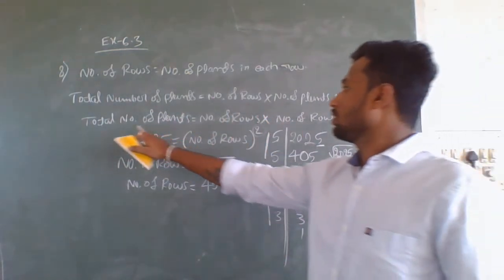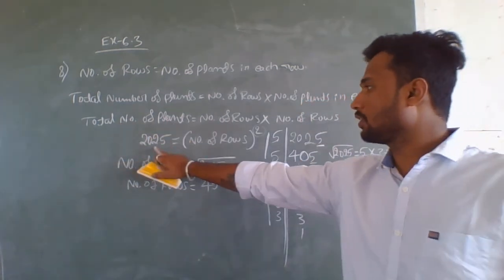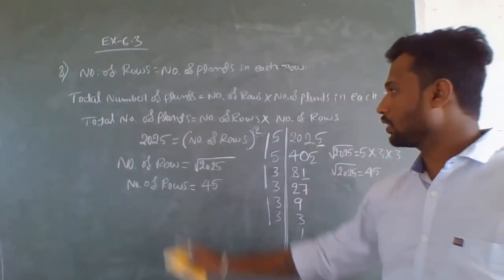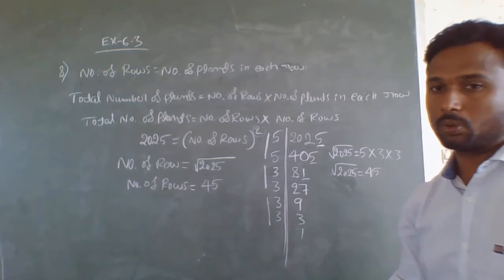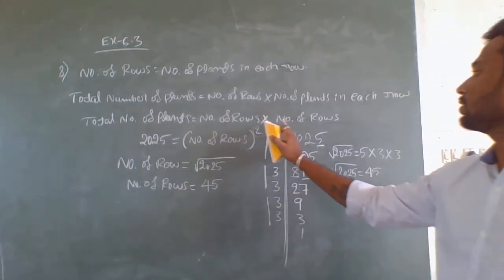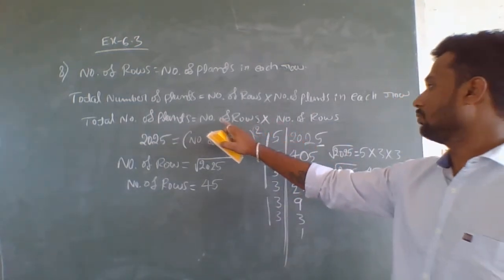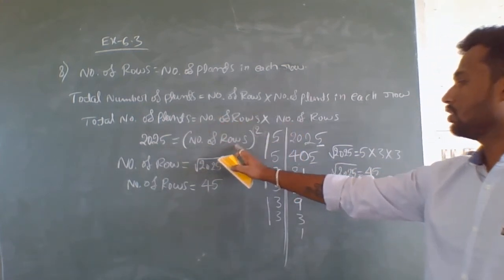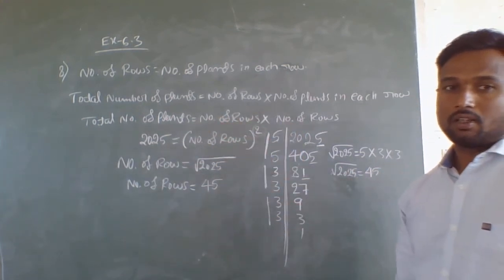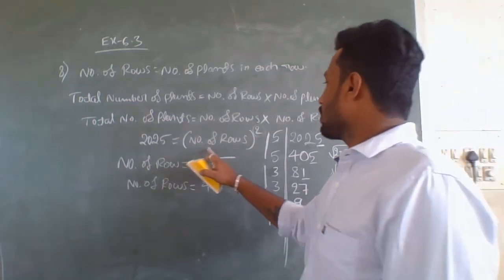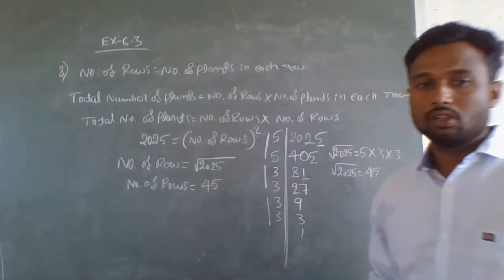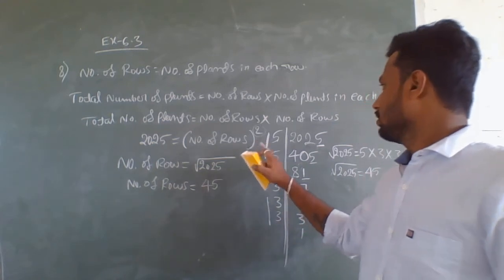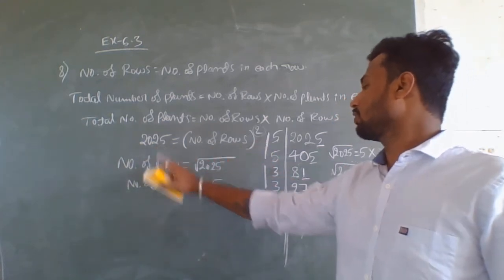Next, the total number of plants given in the question is 2025, because they are planting 2025 plants, and number of rows into number of rows. We are multiplying the number of rows twice, therefore number of rows square. So to calculate the number of rows, we will consider the square root of 2025.